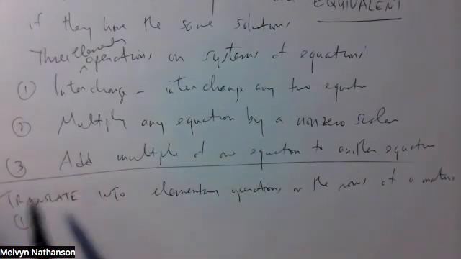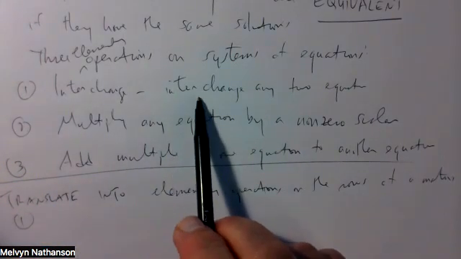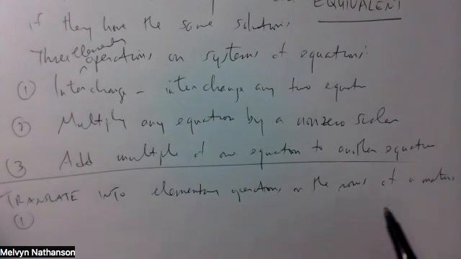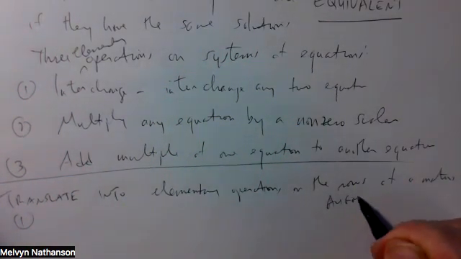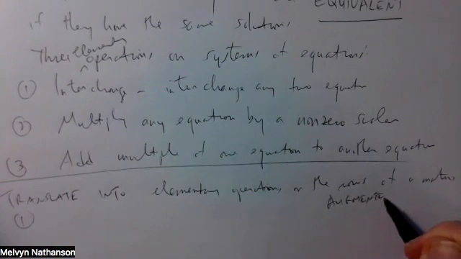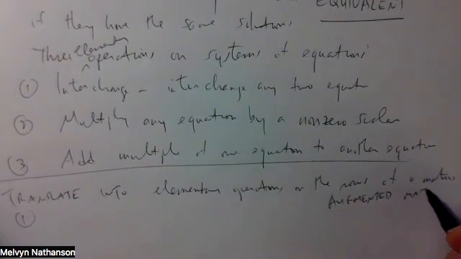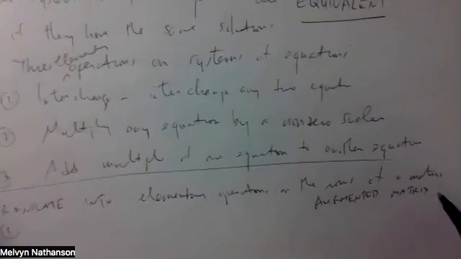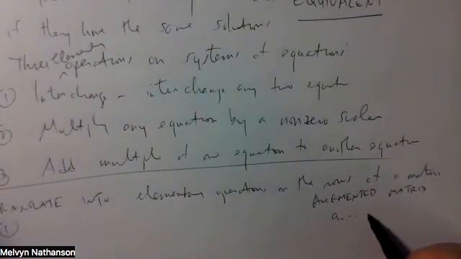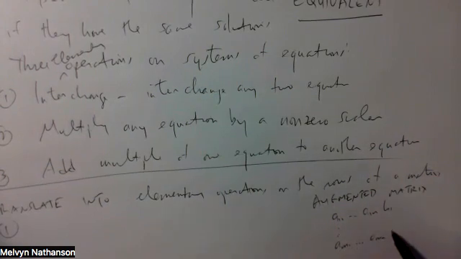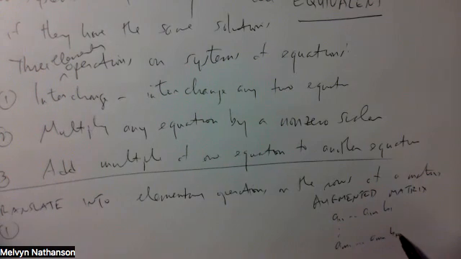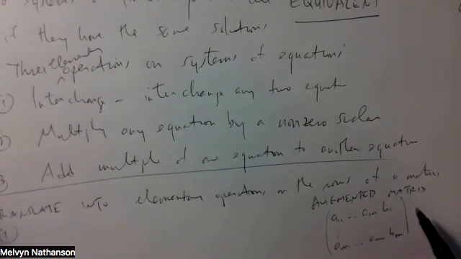Suppose we have in our heads the augmented matrix of the system: A11 up to A1n, b1, down to Am1, Amn, bm.